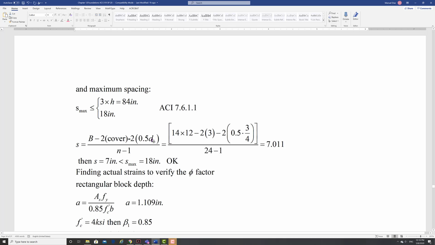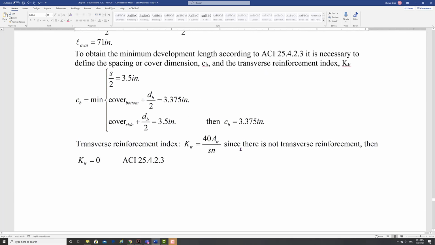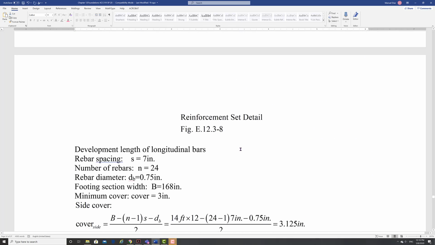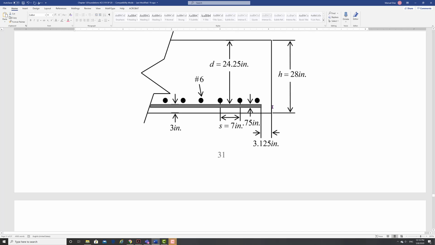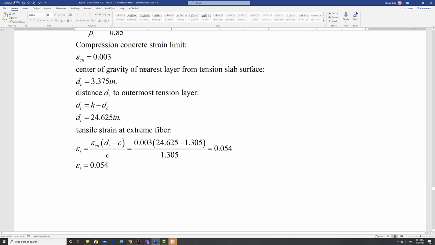Remember, there are no stirrups, so you subtract all the way to half of the bar, and then you find your center to center spacing. You subtract your cover and half of the bar on both sides, left and right.